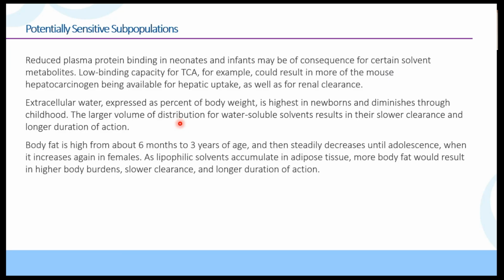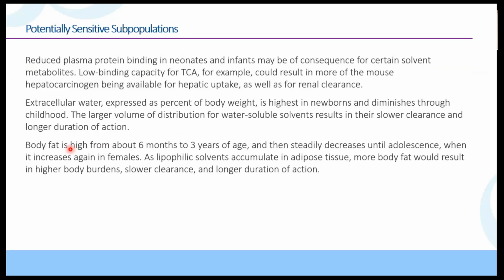The larger volume of distribution for water-soluble solvents results in their slower clearance and longer duration of action because the extracellular water is more in newborns. Thus, this enhances the toxicity of the solvent in the newborns.